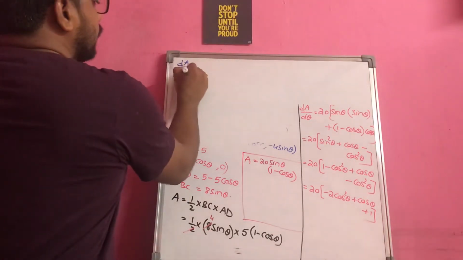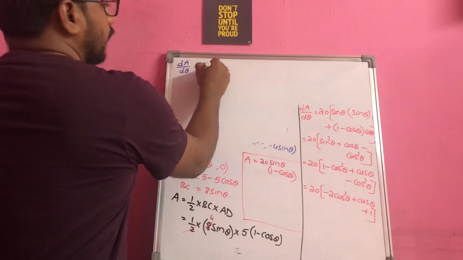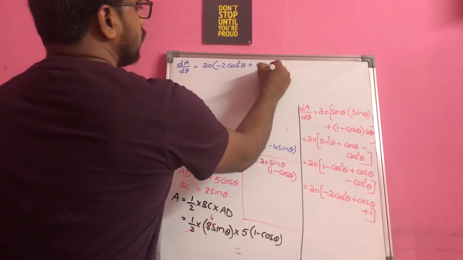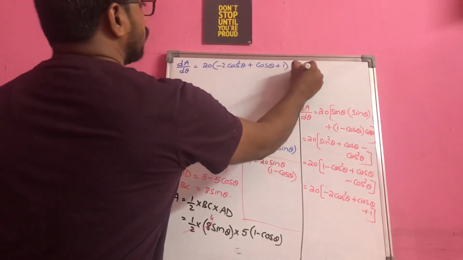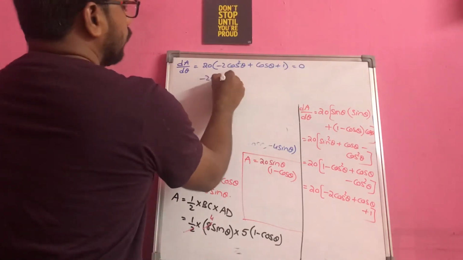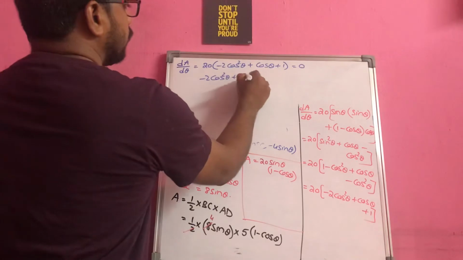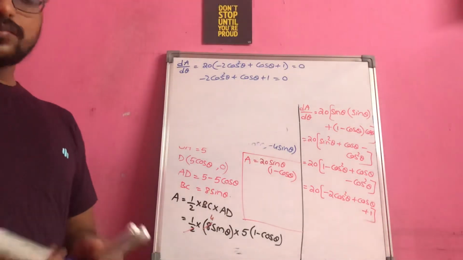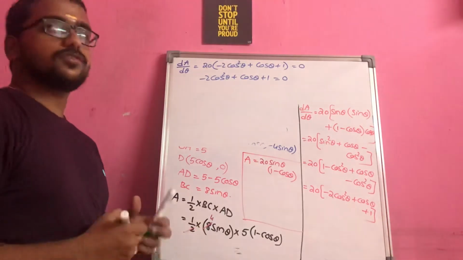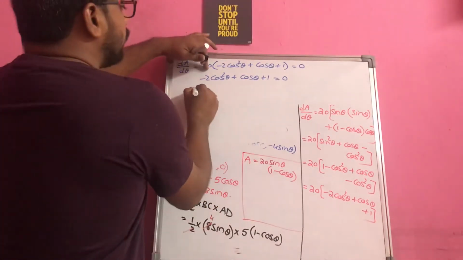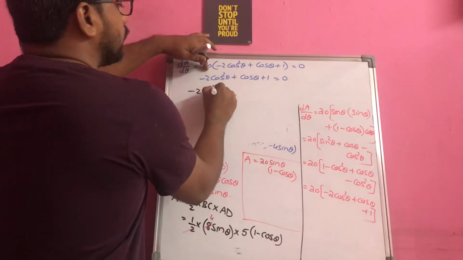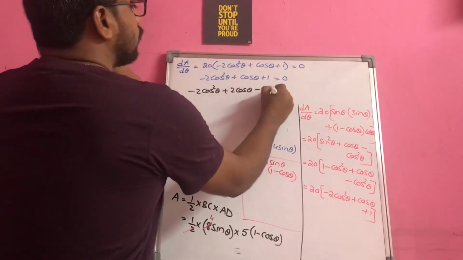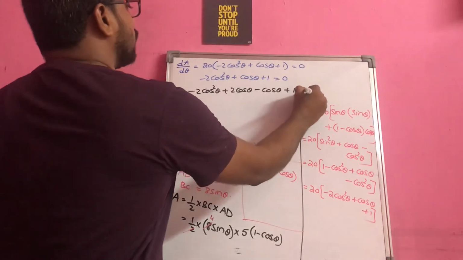dA by d theta is equal to 20 into (minus 2 cos square theta plus cos theta plus 1) is equal to 0. Simplifying further, I will get minus 2 cos square theta plus cos theta plus 1 is equal to 0. It's a quadratic equation now in terms of cos theta. So let us simplify this. Minus 2 cos square theta plus cos theta can be written as minus 2 cos square theta plus 2 cos theta minus cos theta plus 1 is equal to 0.